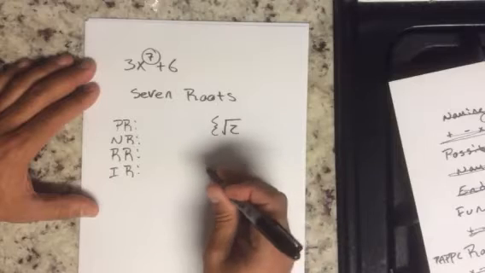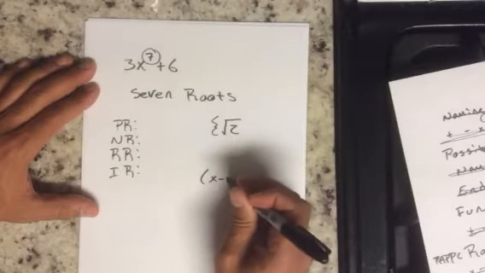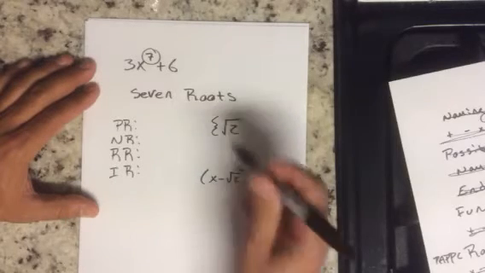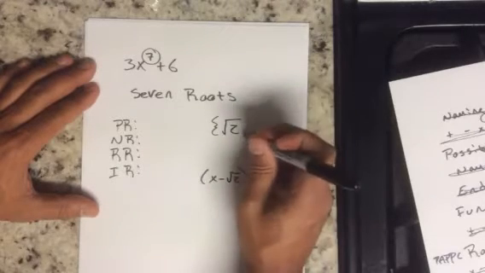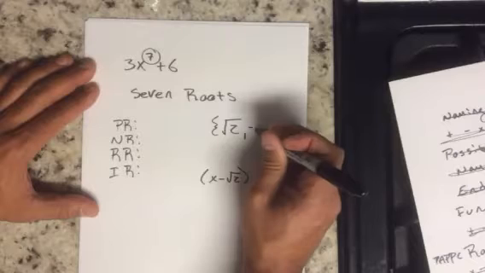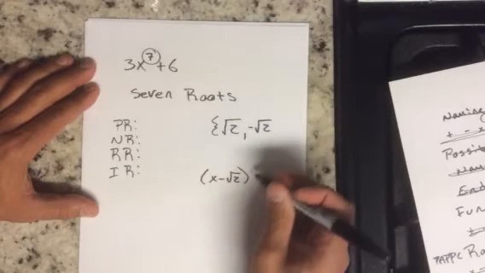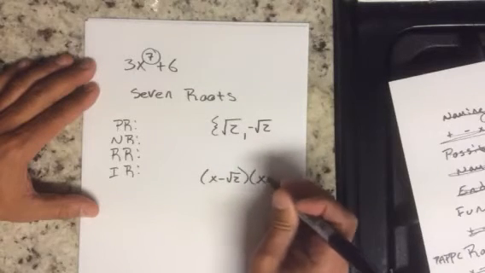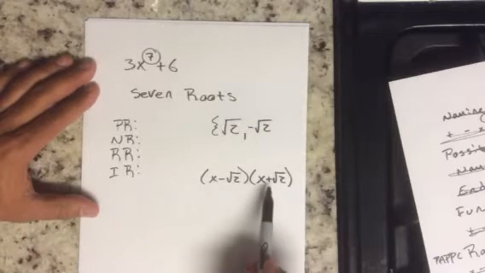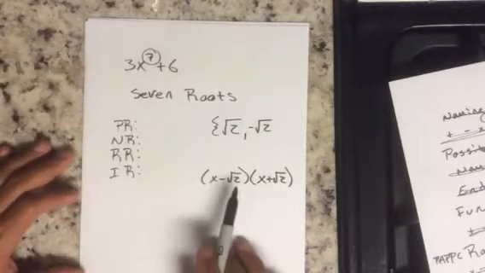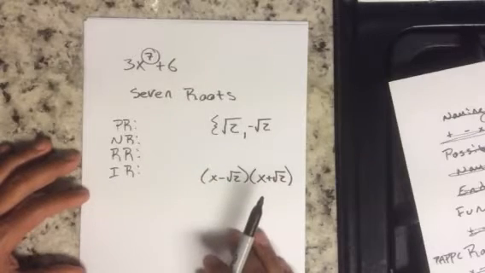A factor for that would be x minus the square root of 2. This is the root. This is the factor. Because it's a square root, I would also have the negative square root of 2, which would mean another factor would be x plus the square root of 2. So roots and factors are different things.